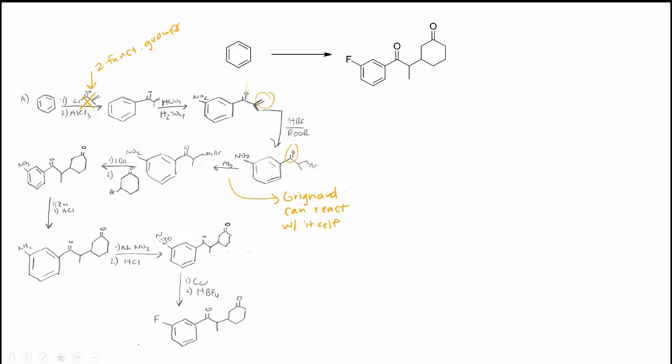So we don't want to do that. And then assuming that, let's say the Grignard did work or they protected the carbonyl, let's say you can protect the carbonyl and then make that Grignard, and then they used LDA to attack at this position here. Again, this molecule's got 2 functional groups.